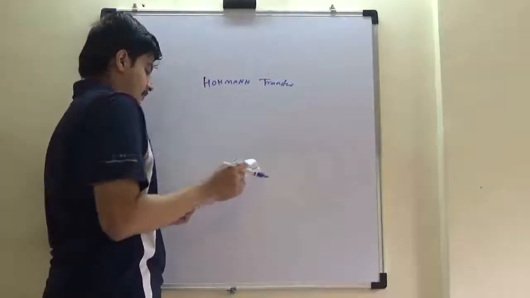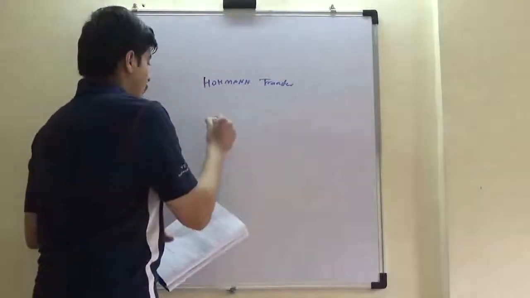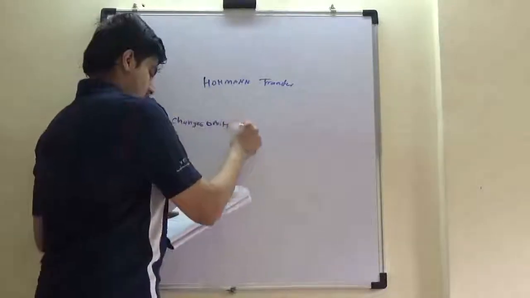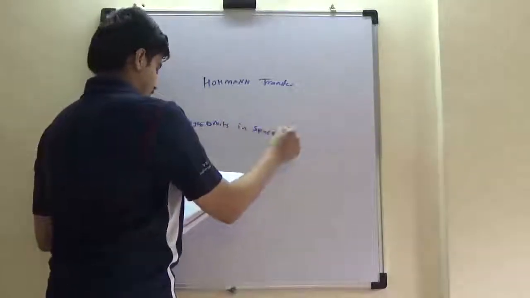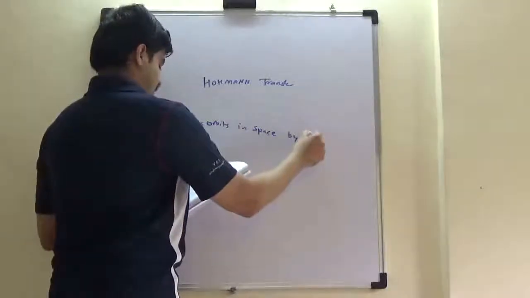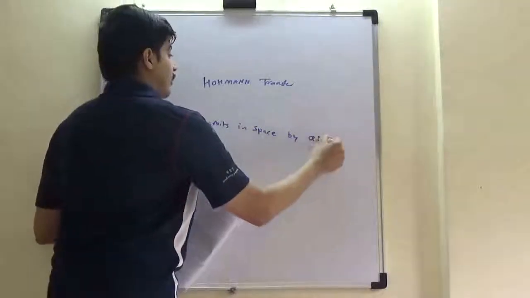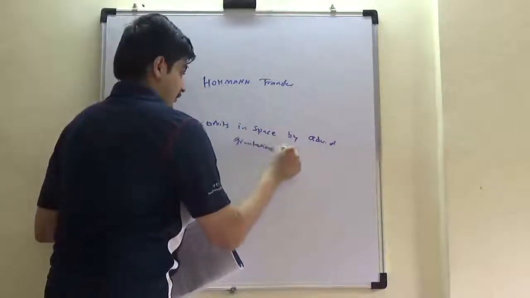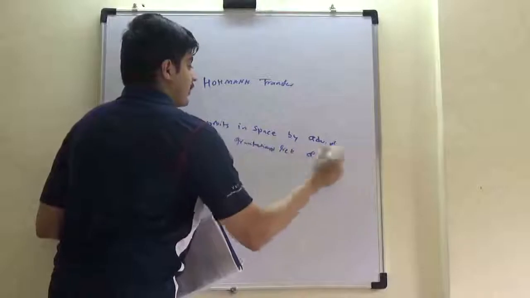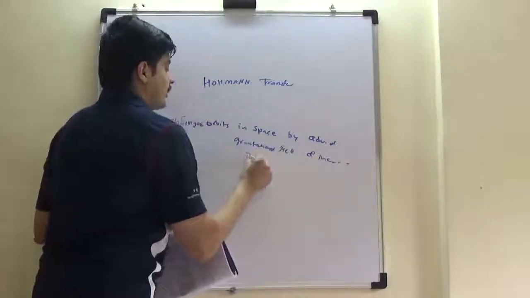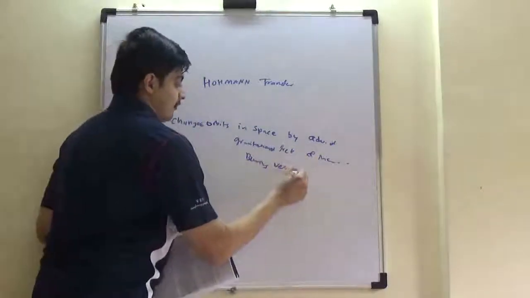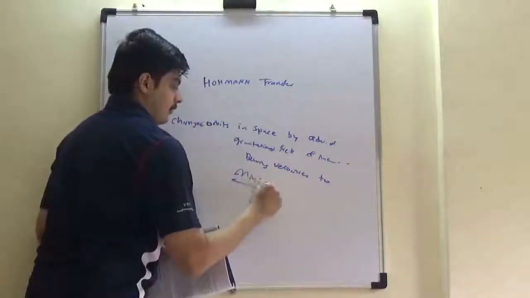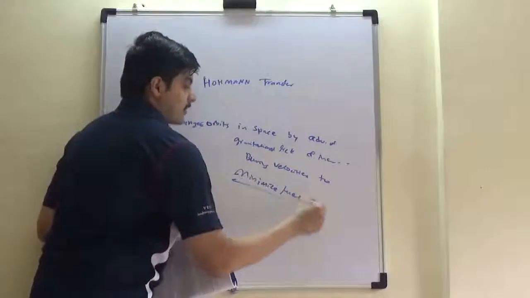It changes orbit in space by taking advantage of the gravitational field and incremental burning velocities to minimize fuel consumption.